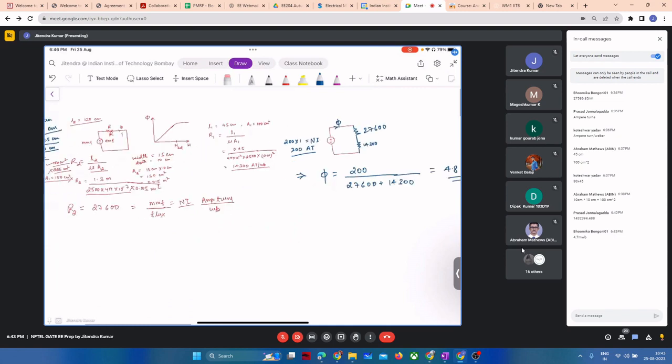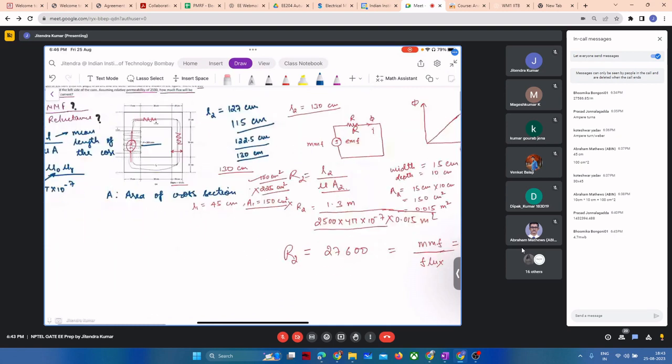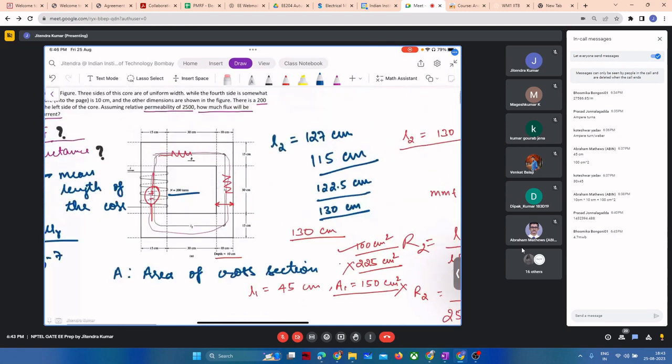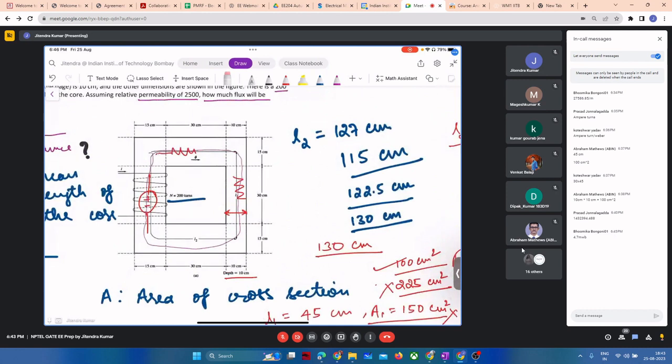Any doubt in this problem? The first step was to compute the exact mean length of turns. I also observed that many of you made silly mistakes, which is not allowed in the GATE exam, so please do not make any silly mistakes.